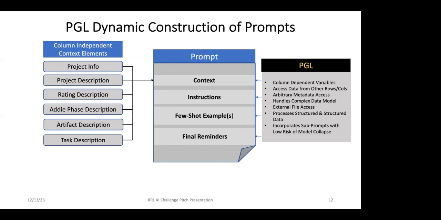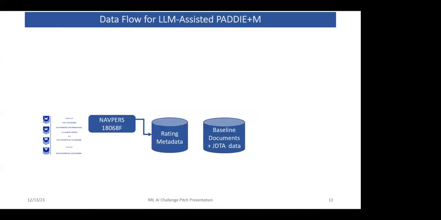So we could bring in things like the rating description and things like that to give the context. Then the actual instructions that we're going to give to the LLM would be very dependent on the actual column in question. And this is where we use PGL so that we can get at all of this metadata from the occupational standards and from other documents we ingest, and also from the worksheets themselves with a large number of information in the column headings as well that we would bring to bear in the PGL.